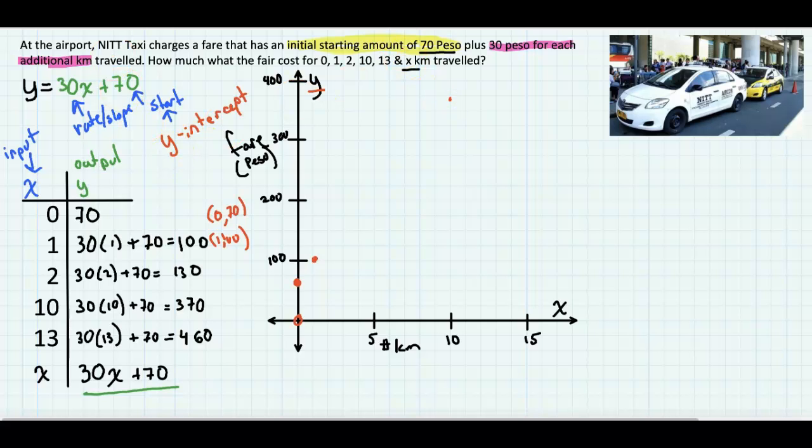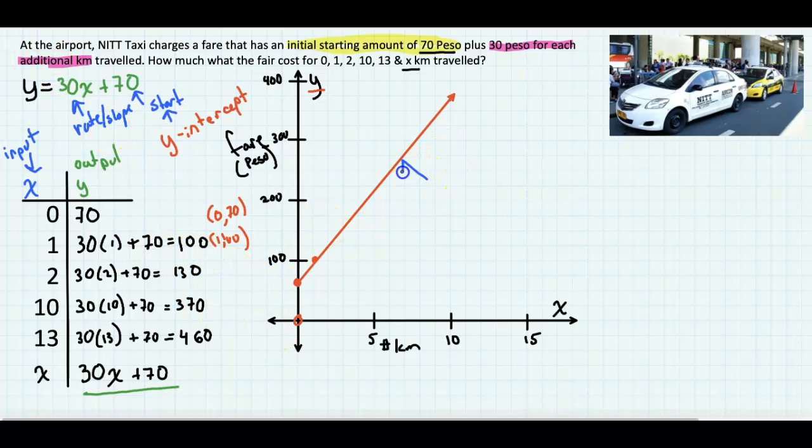And what I can do is insert a line. Since it starts at 0, I'm going to start right here. That's roughly what it should look like. That represents whatever the fare is.